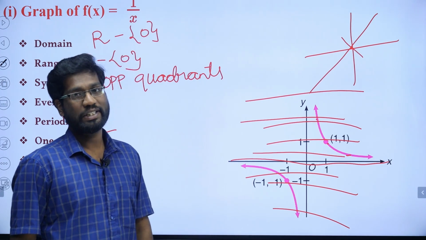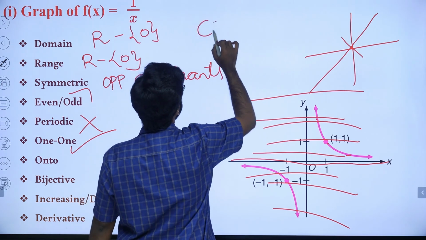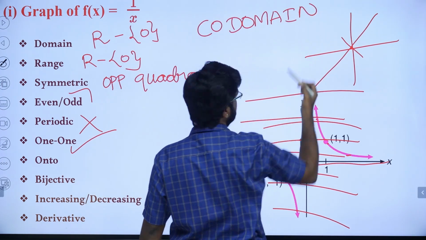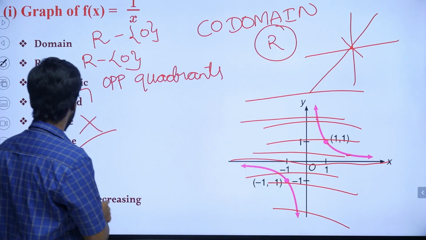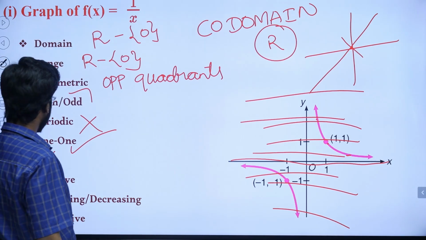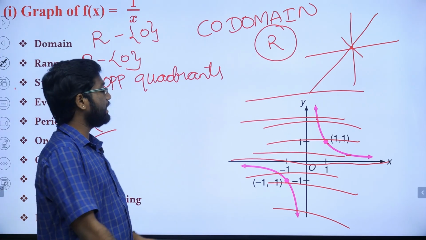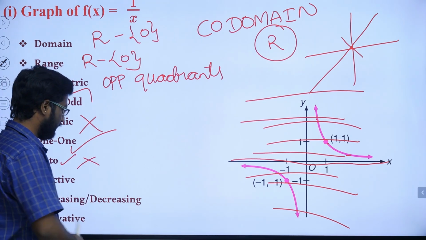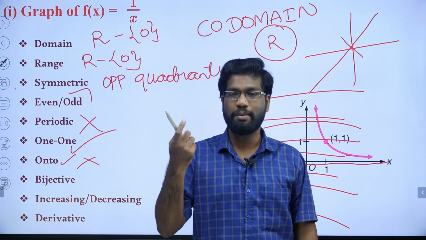So only I said, my dear students, here the codomain matters a lot. If maybe the codomain is R, my dear students, then this one is not an onto function. Maybe if the codomain is R minus 0, my dear students, then it's an onto function. So it depends, my dear students. Maybe it is an onto function or may not be, it depends upon the codomain.